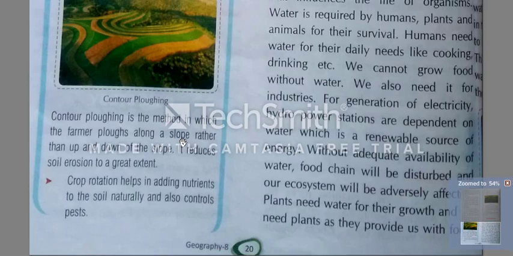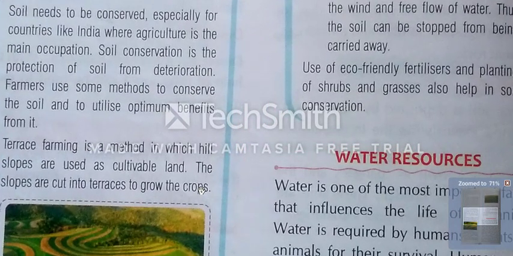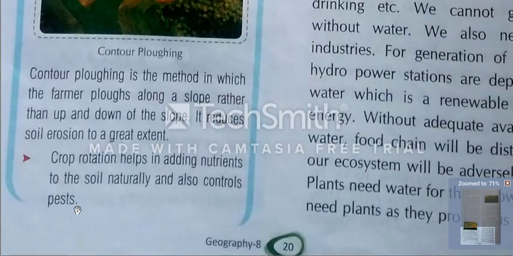Crop rotation helps in adding nutrients to the soil naturally and also controls pests. A new important word here is pest. Pests means नुकसान पहुंचाने वाला कीड़ा.